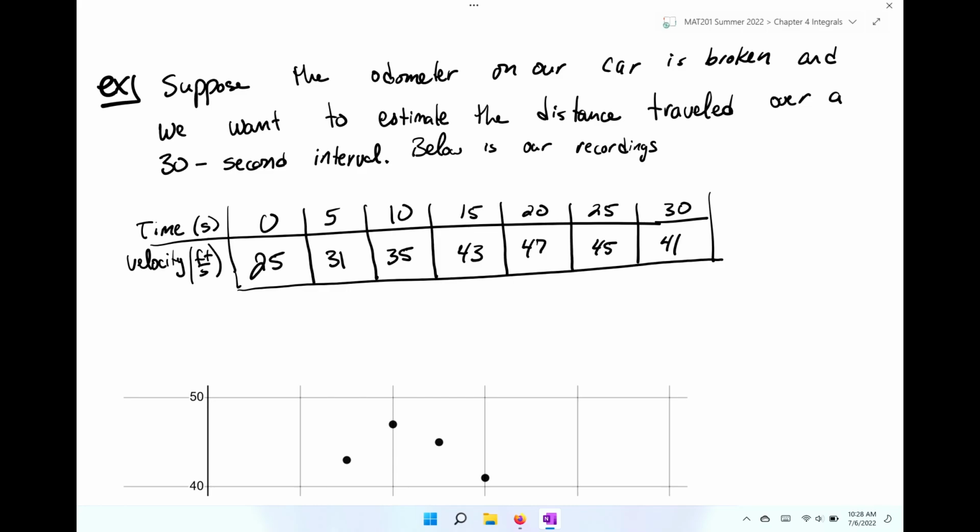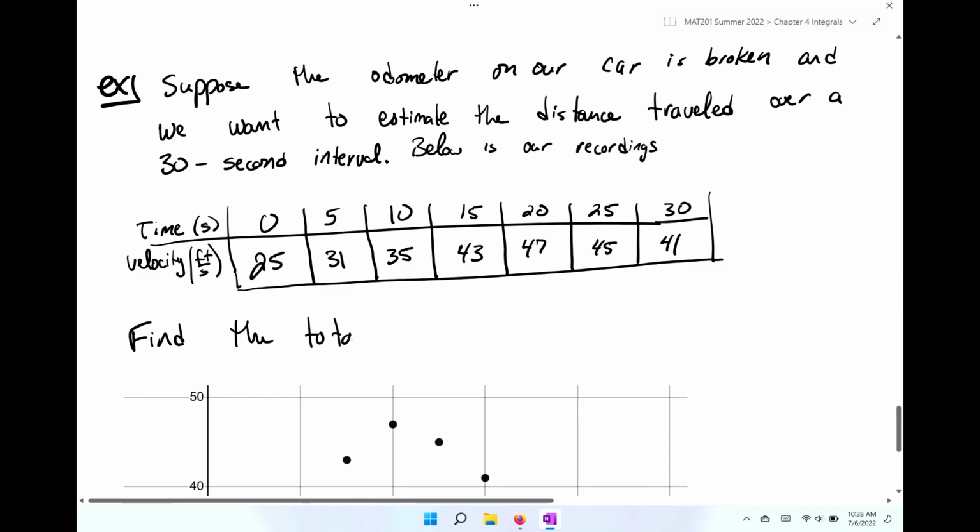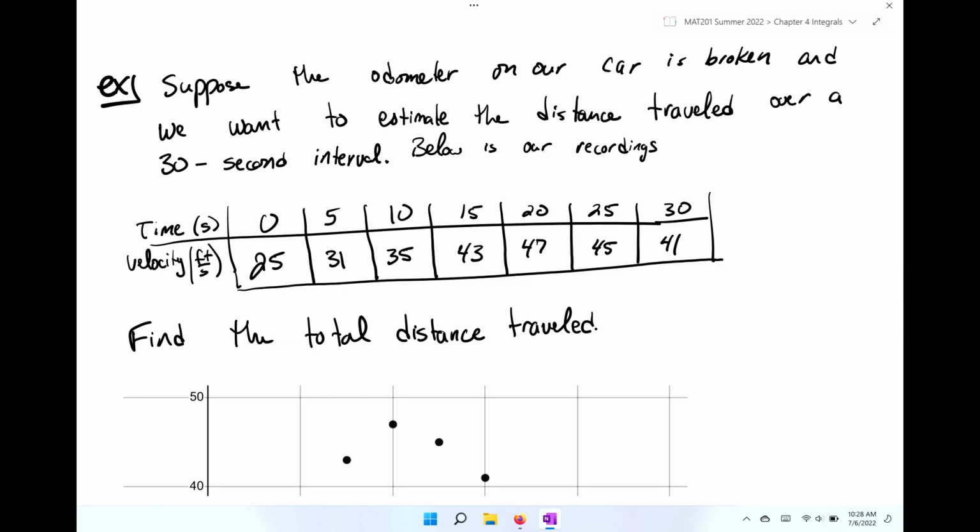All right. What we want to do is just find the total distance traveled. Now, the hard part about this is notice that our velocity is never constant. See, if our velocity was constant, then we would just say distance equals velocity times time.